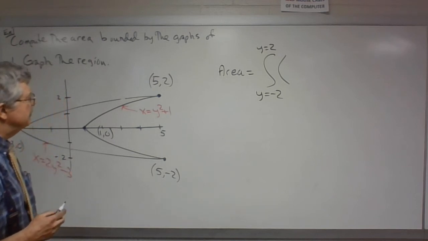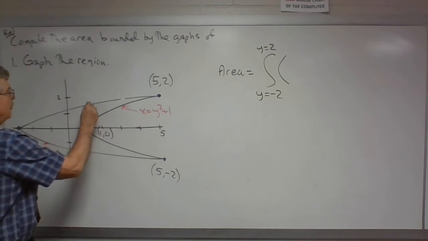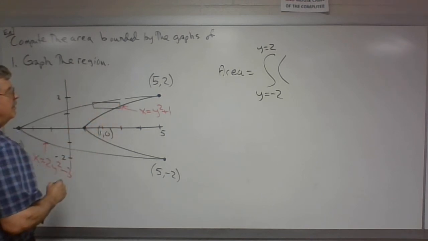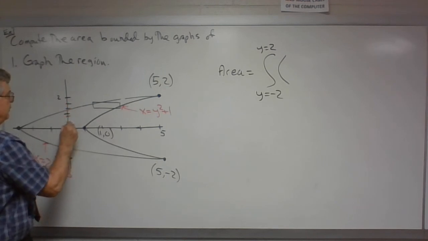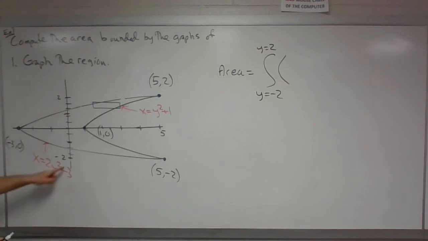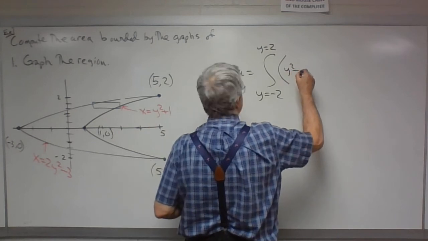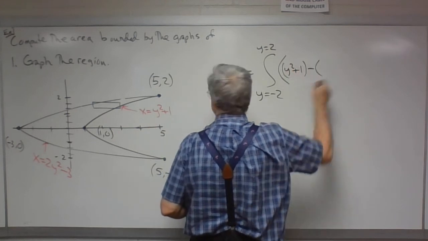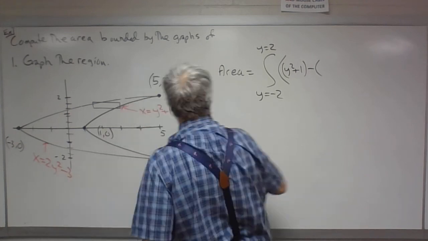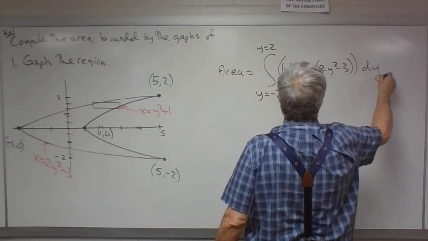If we're integrating with respect to y, we're going to be drawing our rectangles horizontally. And so this is the interval that will be spanned by the rectangles, and it will go from y equal -2 to y equal 2. And we'll have the larger function, y squared plus 1, minus the lesser function, 2y squared minus 3, dy.